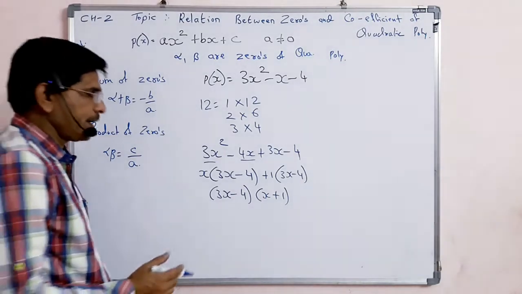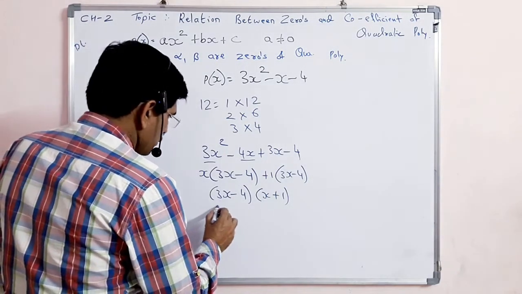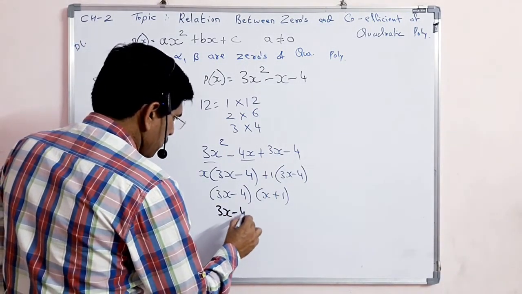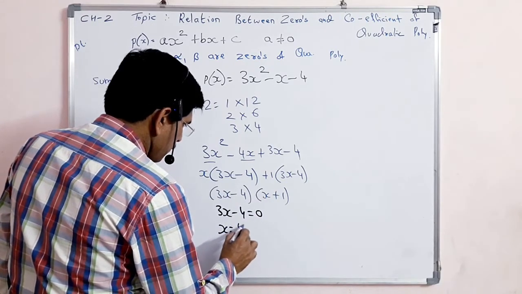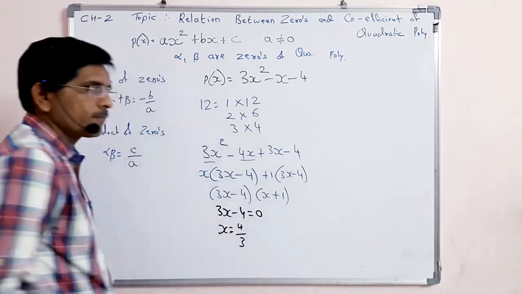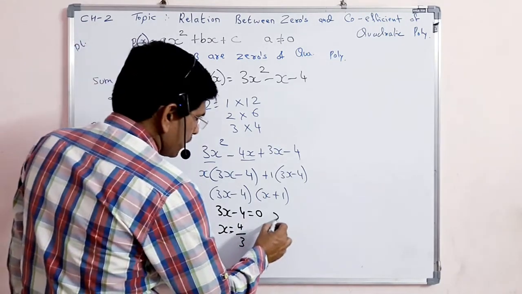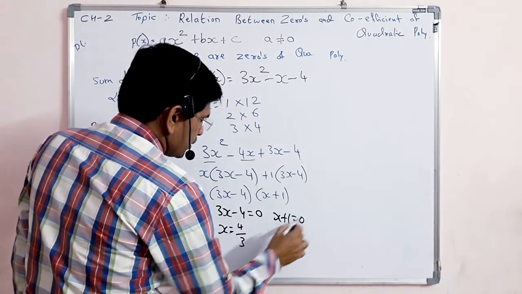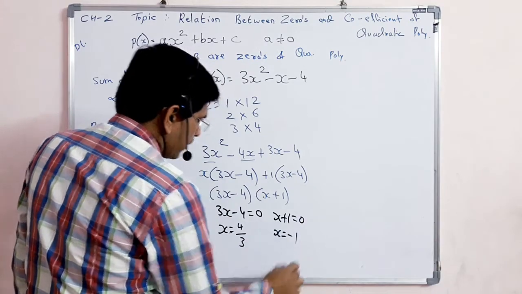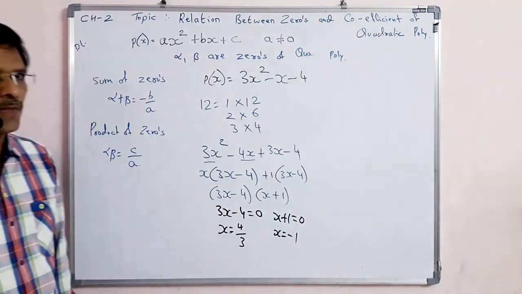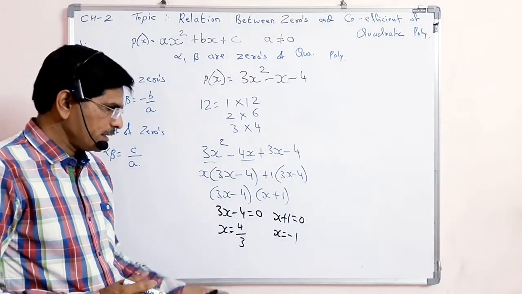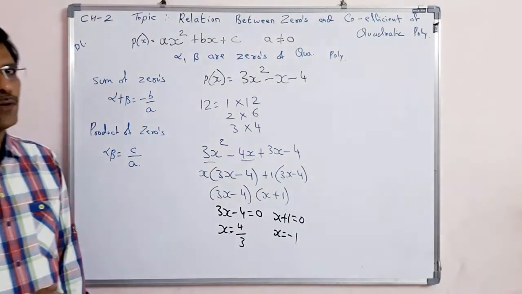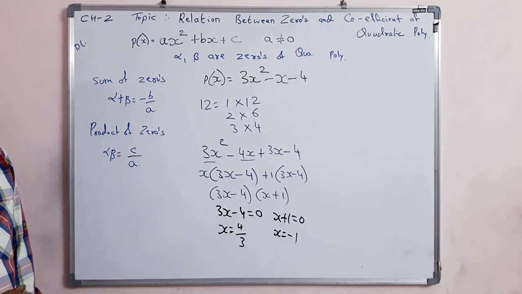Now I have to find the zeros. 3x minus 4 is equal to 0, so x is equal to 4 by 3. And x plus 1 is equal to 0, so x is equal to minus 1. So we can say that alpha is equal to 4 by 3 and beta is equal to minus 1.